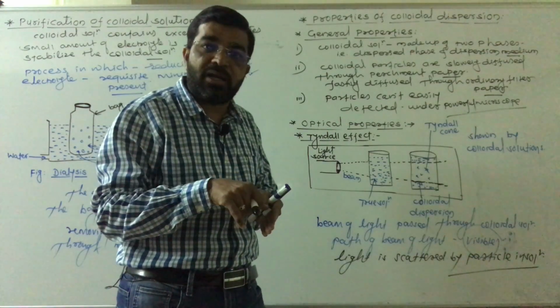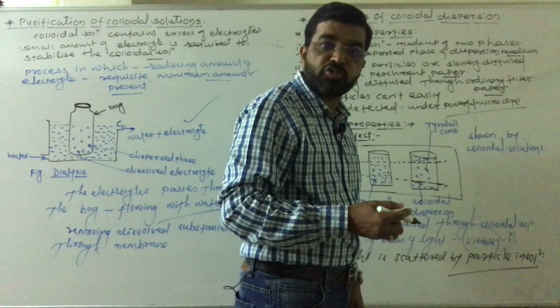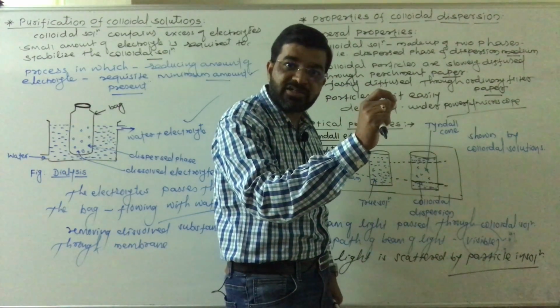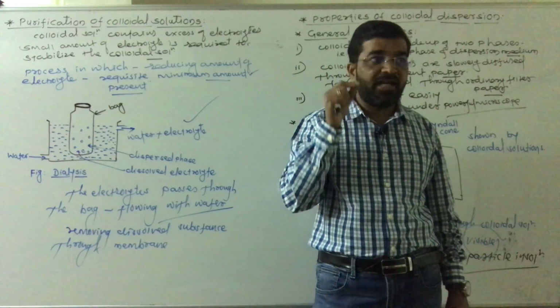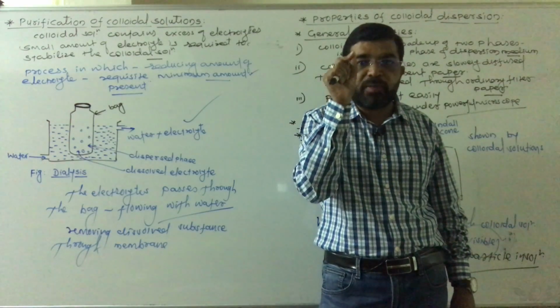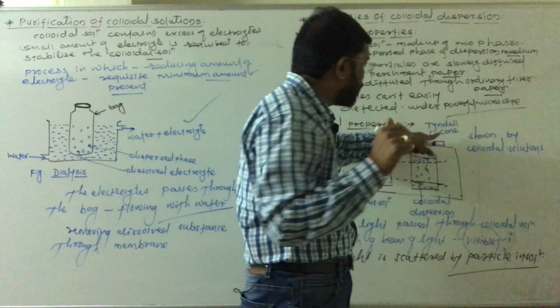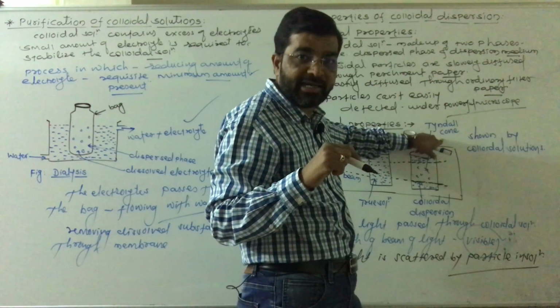Why is it visible? Because the colloidal size particles present in this solution scatter the light, and when this beam of light falls on those particles, there is formation of a bluish cone, and those cones are called the Tyndall cone.